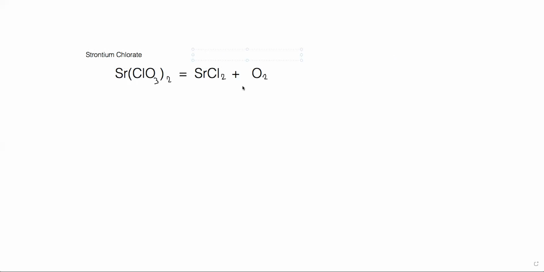So this is going to be strontium again. Sr is still going to be strontium like before. And then Cl2 is chloride. So this is strontium chloride. And then oxygen. Yep, I got this. All right.